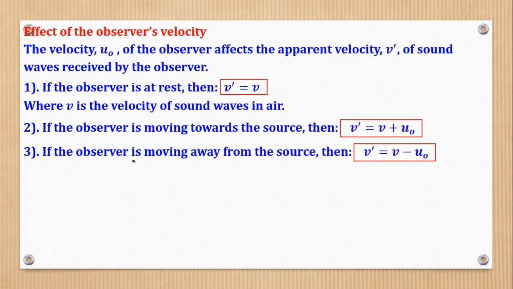On the other hand, if the observer is moving away from the source, it implies the velocity will reduce. So those are the three cases. One, if the observer is stationary, the velocity will be equal to the velocity of sound in air. Then if the observer is moving towards the source, the velocity will increase by the velocity of the observer. If the observer is moving away from the source, the velocity will decrease.